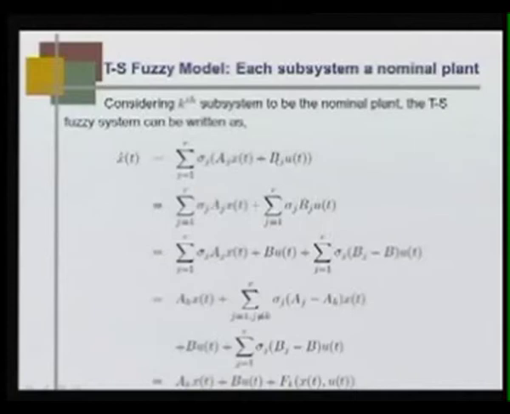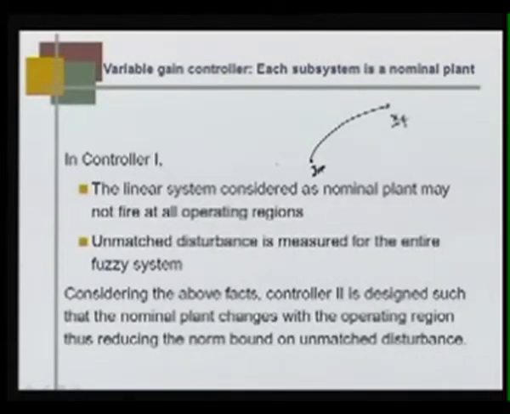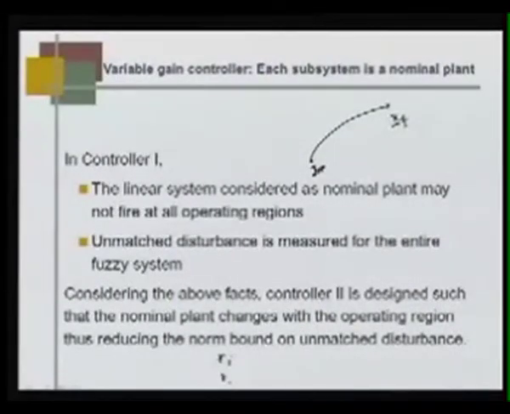is talking about a second controller, where the nominal plant changes with the operating region. As the operating zone changes, whichever rule is fired, from that rule we take the plant. If I have two rules fired, I consider each of them as the nominal plant. Let us think two rules are fired, rule i and rule j.